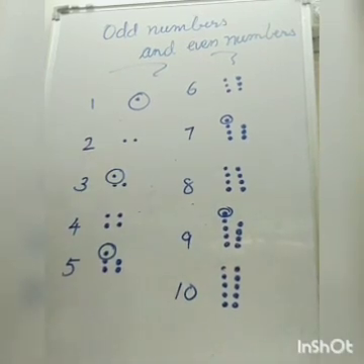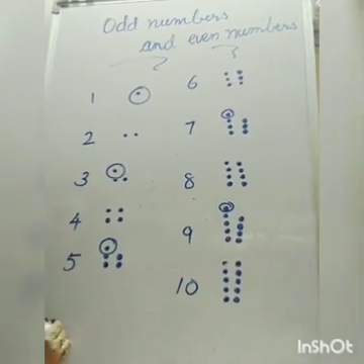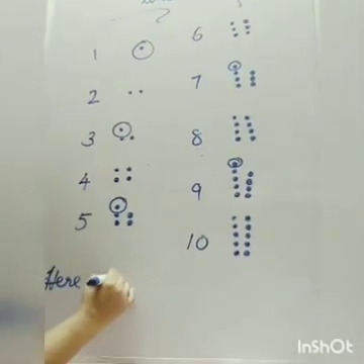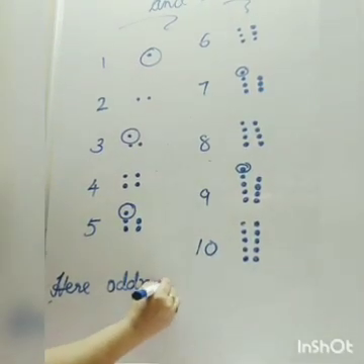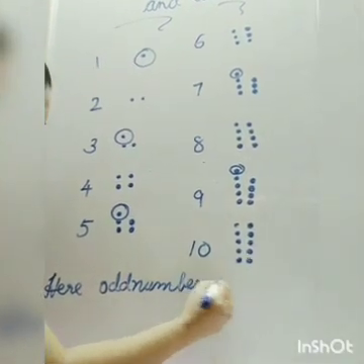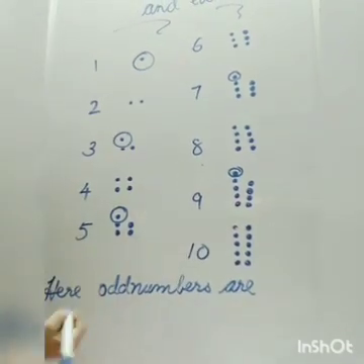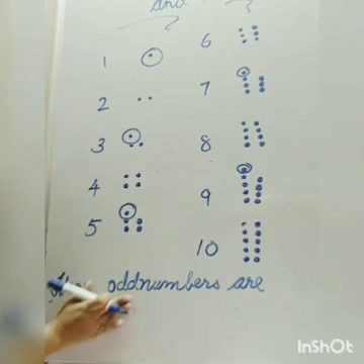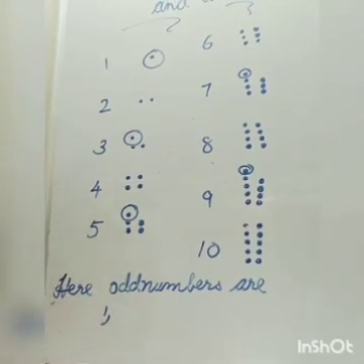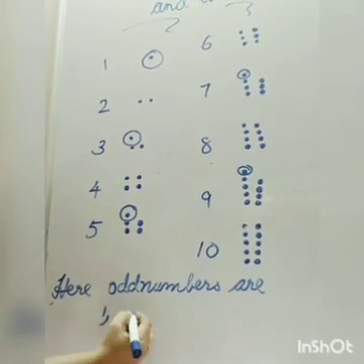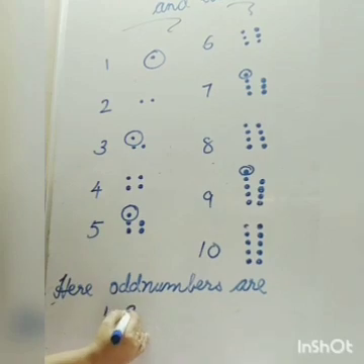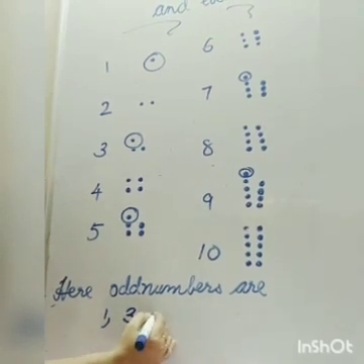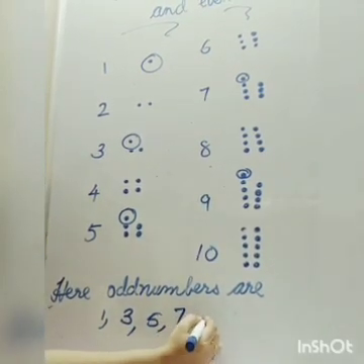Here, which are the odd numbers? Here the odd numbers are 1, 3, 5, 7, 9.